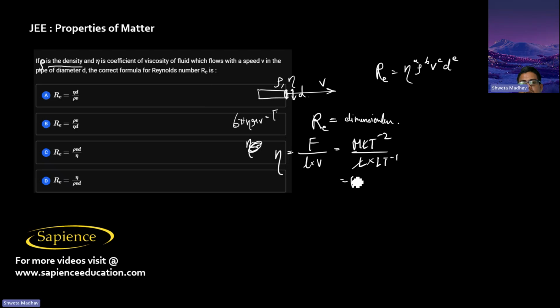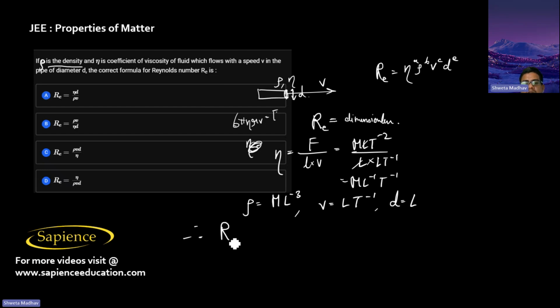So this is M into L power minus 1 T power minus 1. And rho is mass by volume, that is ML power minus 3, and v is the speed, that is LT power minus 1. And similarly the diameter is L.